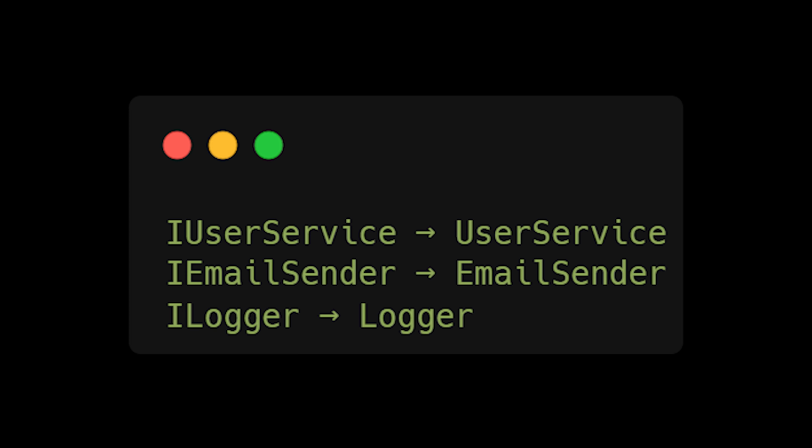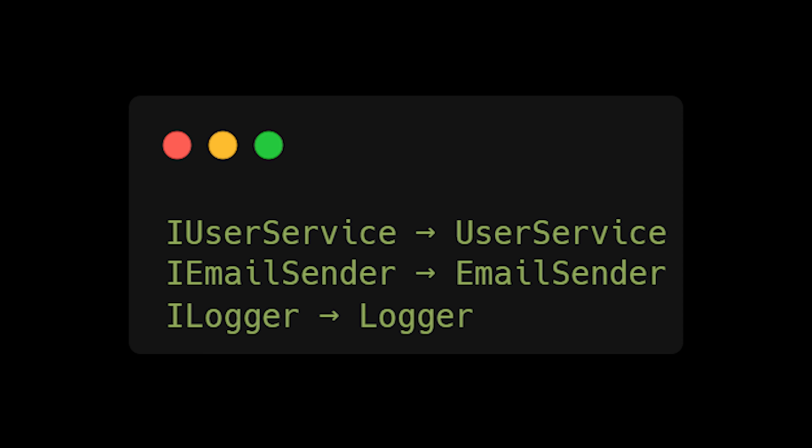Behind every DI system in .NET, there's a service container, sometimes called the inversion of control container. When you call builder.Services.AddScoped<IUserService, UserService>, you're registering a mapping. You are saying, when someone asks for IUserService, give them an instance of UserService.